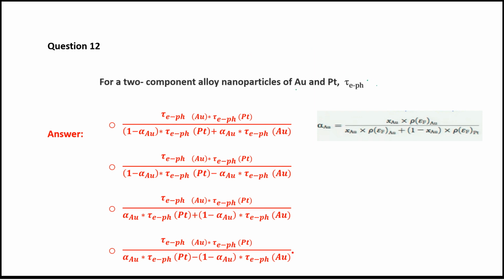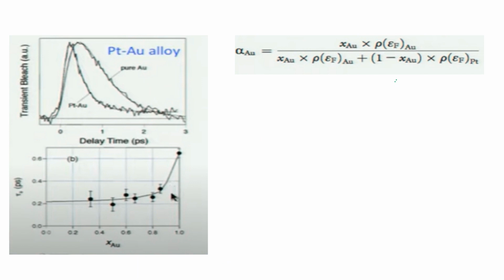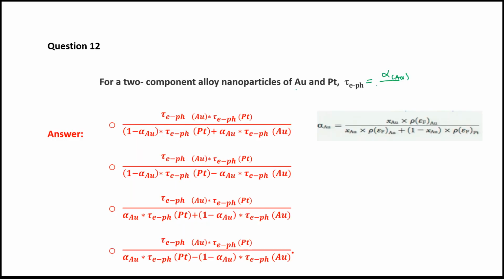So this tau is a sum of alpha AU upon tau EPH of gold plus 1 minus alpha AU upon tau EPH of platinum.